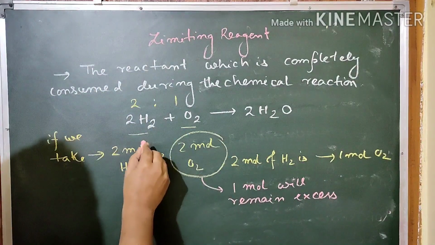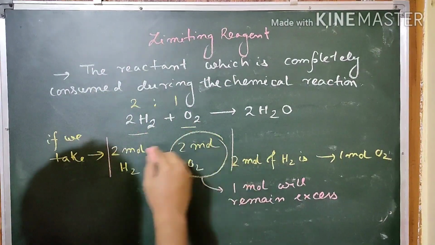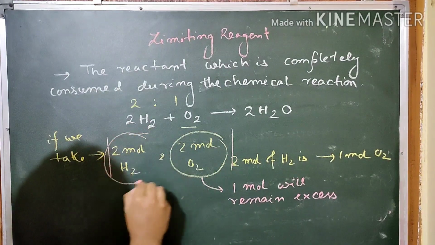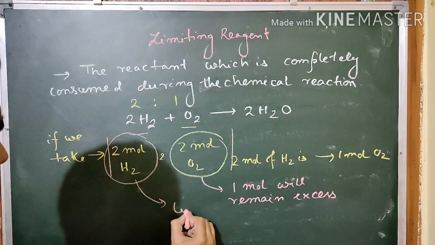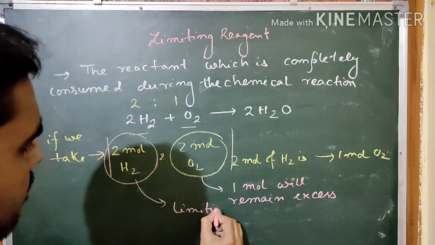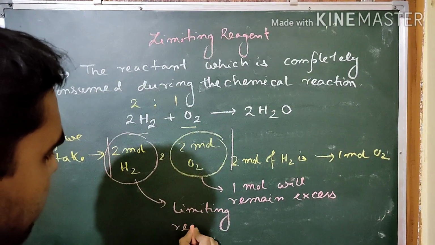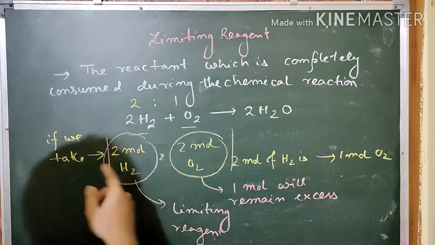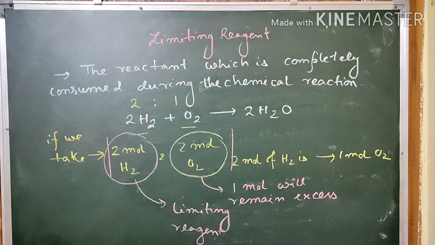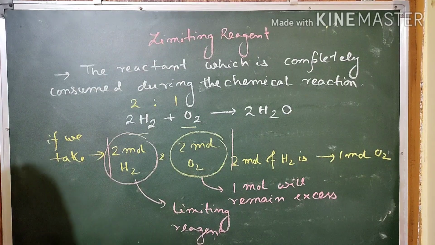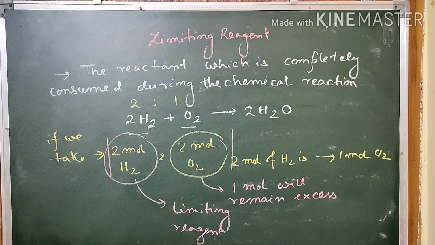That is why in this case, this amount of hydrogen will be the limiting reagent. This amount of hydrogen will decide whether this chemical reaction is going to finish or not. When the hydrogen is finished, the reaction will be finished.